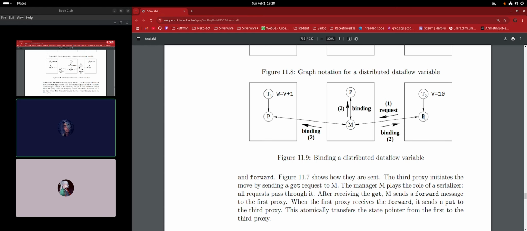So you do the request, saying, hey, I bound this, and then the manager does a broadcast to inform everybody else. And why is this important? Because maybe somebody else already did the binding, and you should be informed that this is a failure.